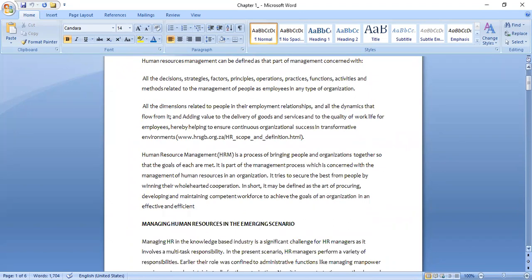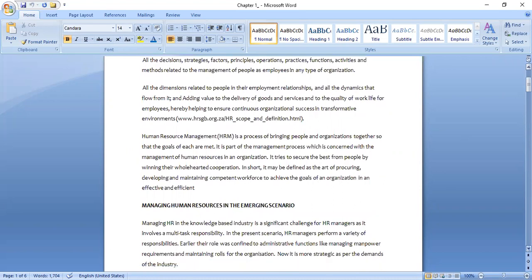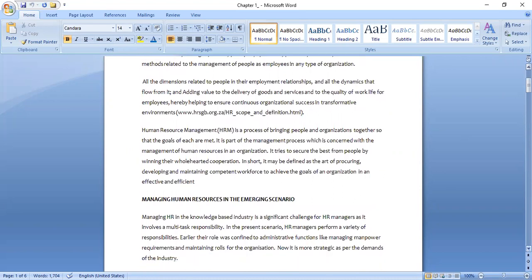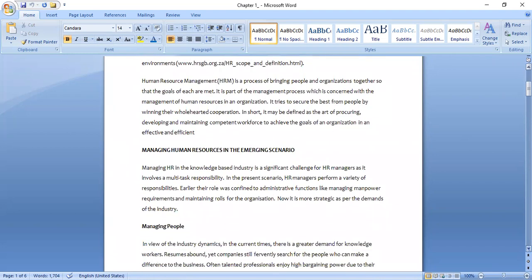It aims at bringing all these employees together such that they work to meet the goal of these organizations.